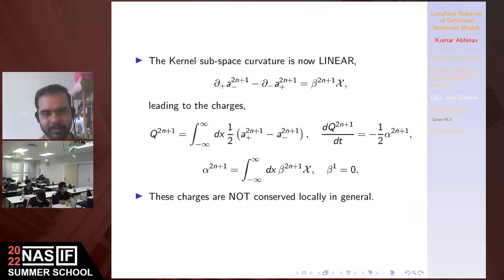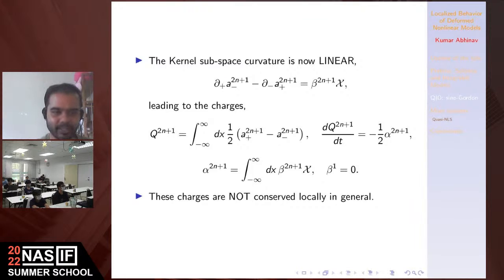So if the deformation parameter vanishes, this curly x vanishes, and then dq dt vanishes. So q is conserved. So these are the so-called quasi-conserved charges, which are non-conserved when epsilon is non-zero.